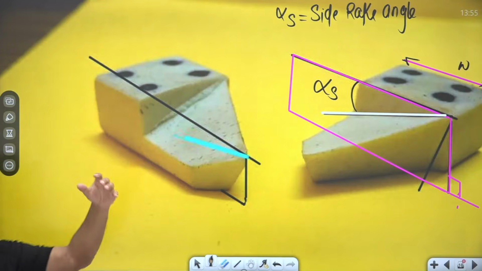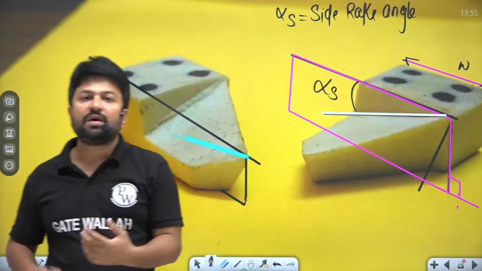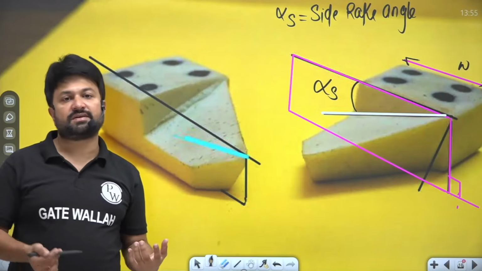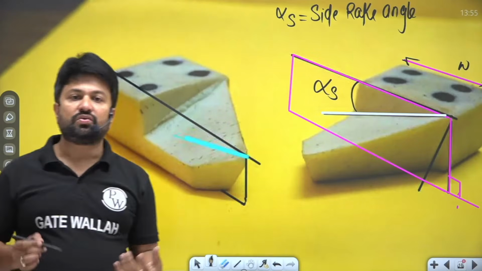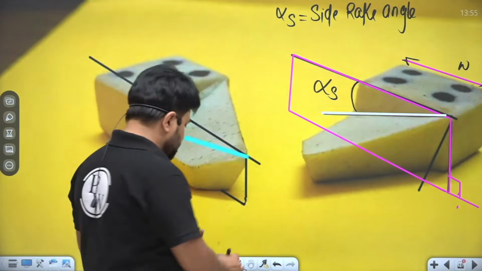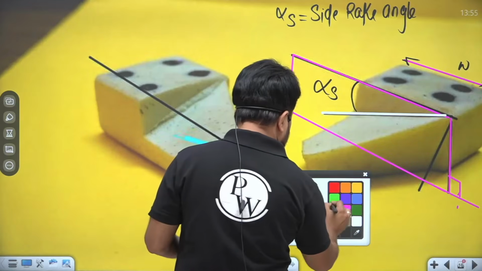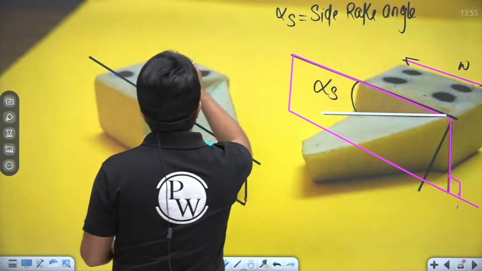Now suppose that this is a side rake angle. Increasing the side rake angle reduces the chip thickness, and also the side rake angle controls the flow of chip. So let me write down some points regarding the side rake angle.